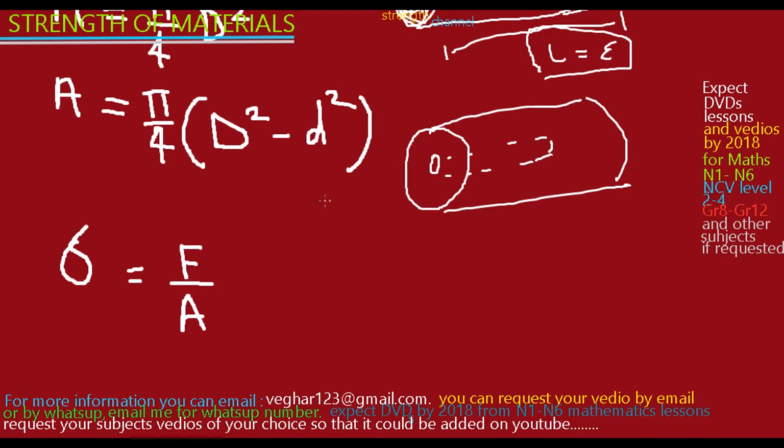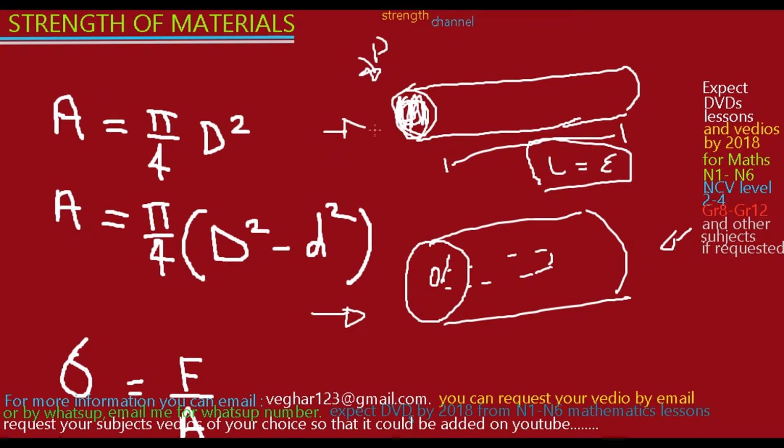So the stress here and the stress on this side, the diameter can be equal, but the stress won't be equal, and the force distributed cannot be equal, if this size is equal to this size.